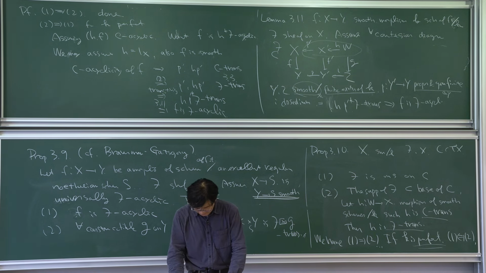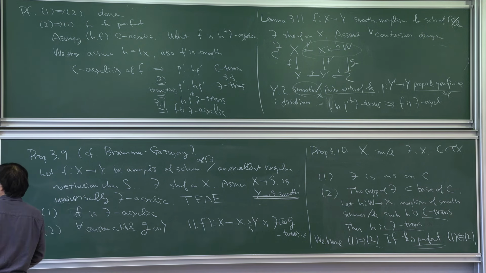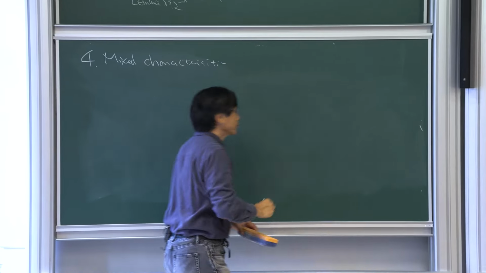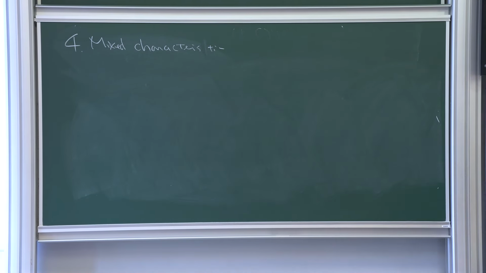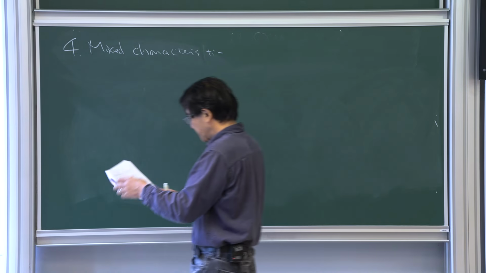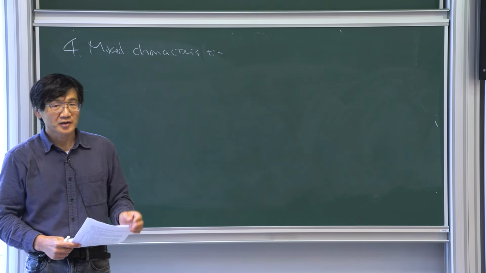Okay, so we have seen equivalent formulations. Now we can go to mixed characteristic. At the beginning today, I said that there are two obstructions.